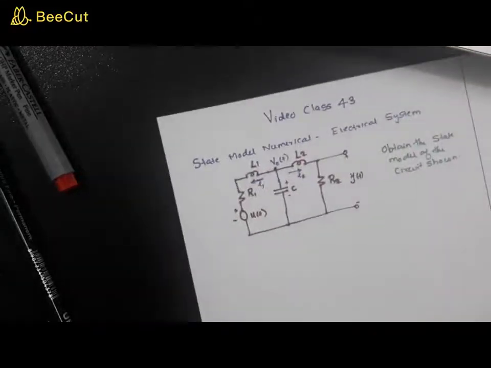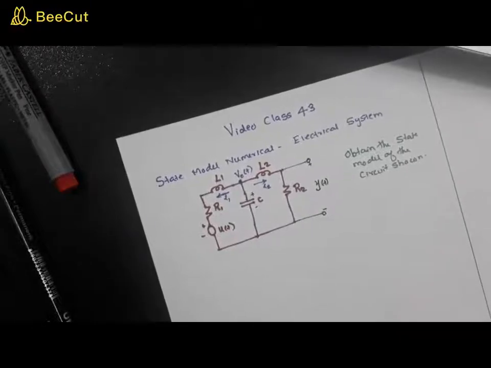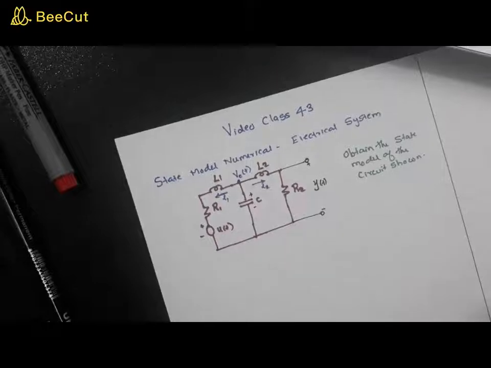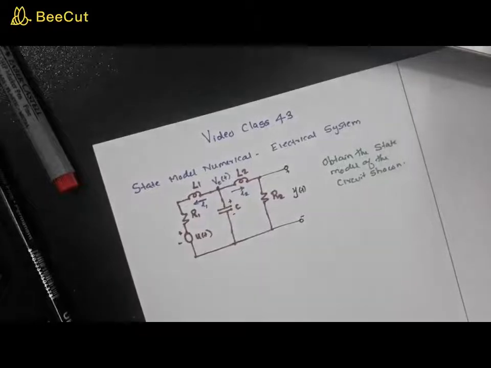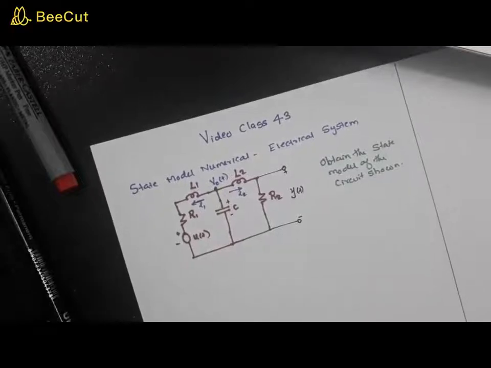Now, before moving into this, we should have an idea about what type of state variables we have. I've already mentioned the types: one is the physical variable form, or it can be the phase variable. If you represent the response and its differentials of the differential equation as the state variables, we call it the phase state variable.